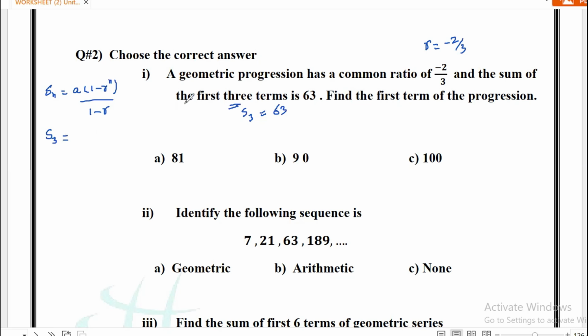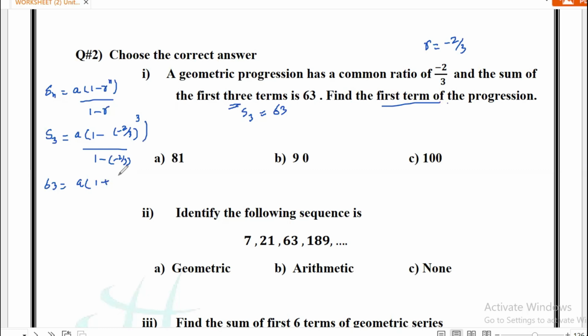So as we are looking for S3, a is the first term of the progression. So 63 equals a(1 minus (-2/3) whole cubed) over 1 minus (-2/3). So a(1 plus 8/27) over 1 plus 2/3, plus because of this cube.